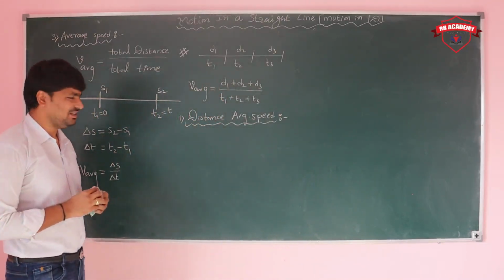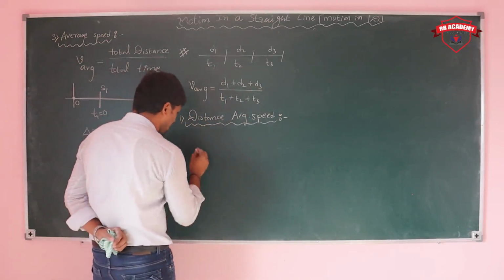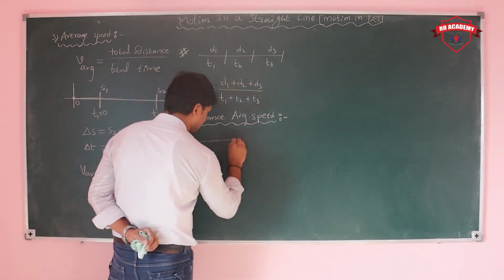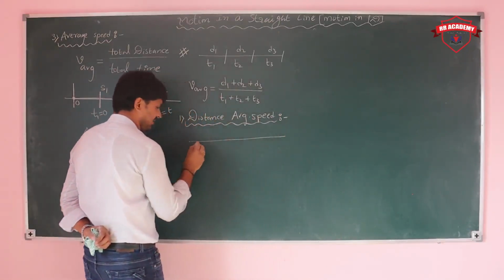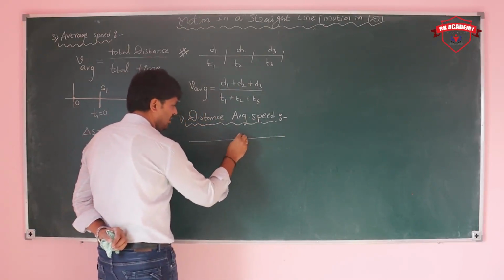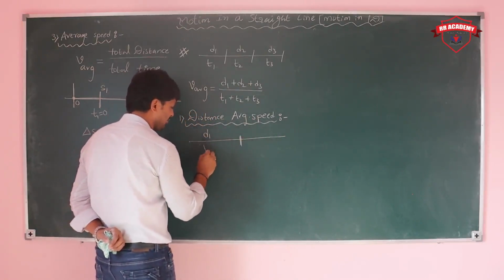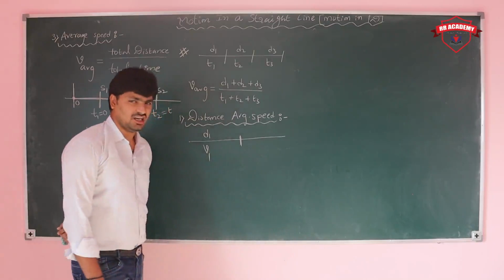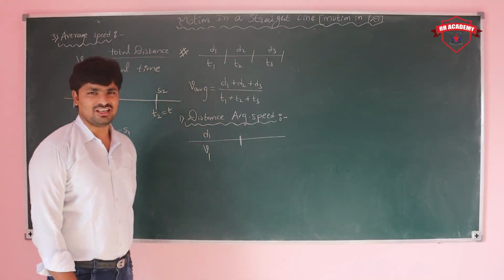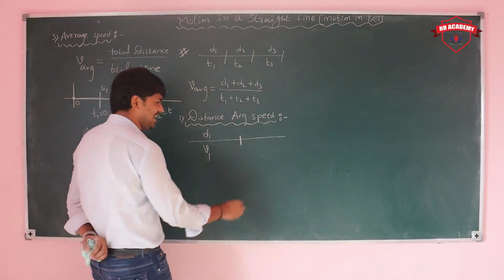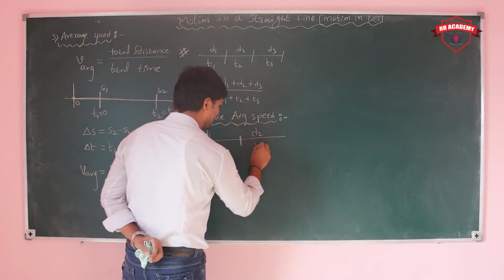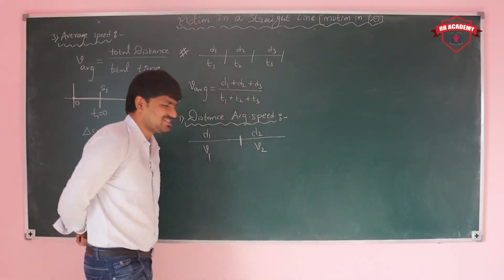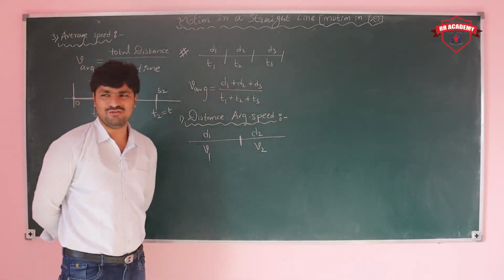The condition is that a particle travels in a straight line, first d1 distance with a speed v1, next d2 distance with a speed v2.